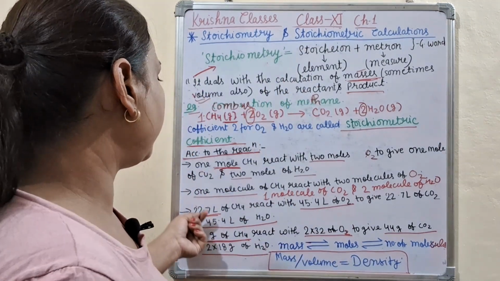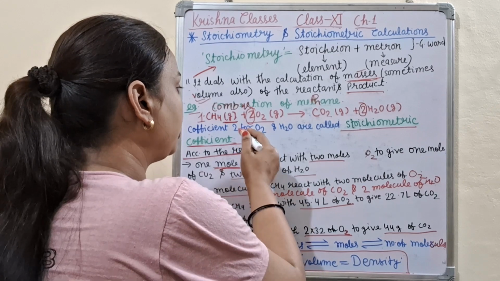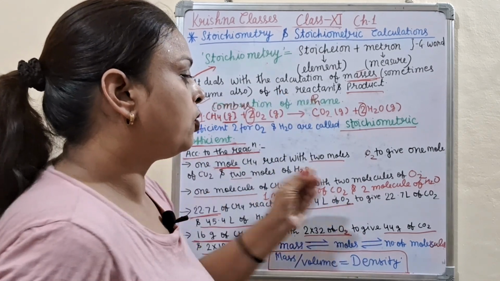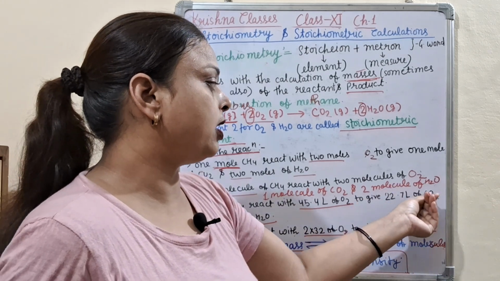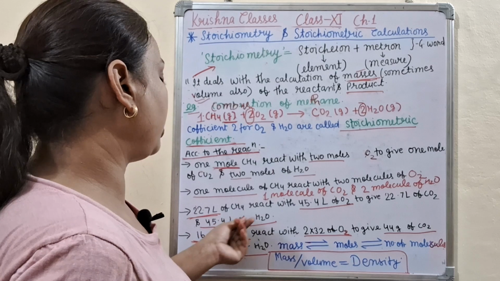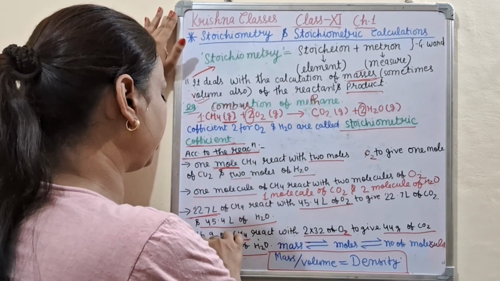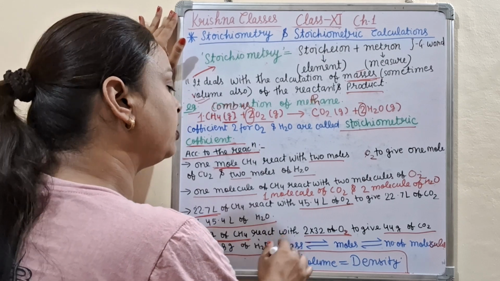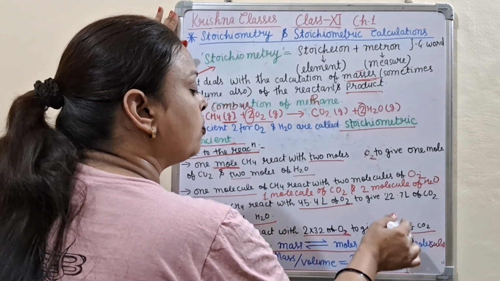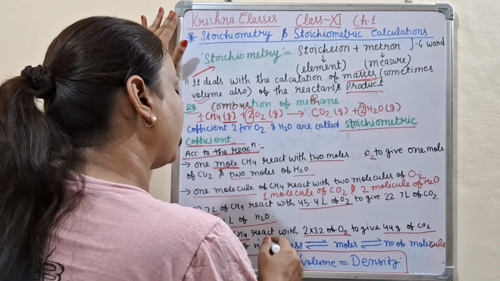In the form of volume, 22.7 liter of CH4 reacts with 45.4 liter of oxygen to give 22.7 liter of CO2 and 45.4 liter of H2O. In the form of mass, 16 gram of CH4 reacts with 2 into 32 of O2 to give 44 gram of CO2 and 2 into 18 gram of H2O.